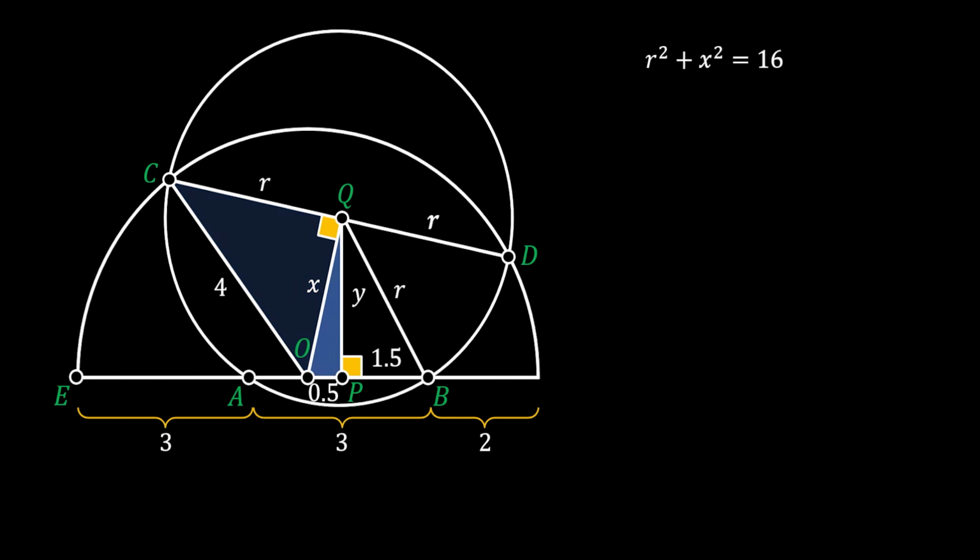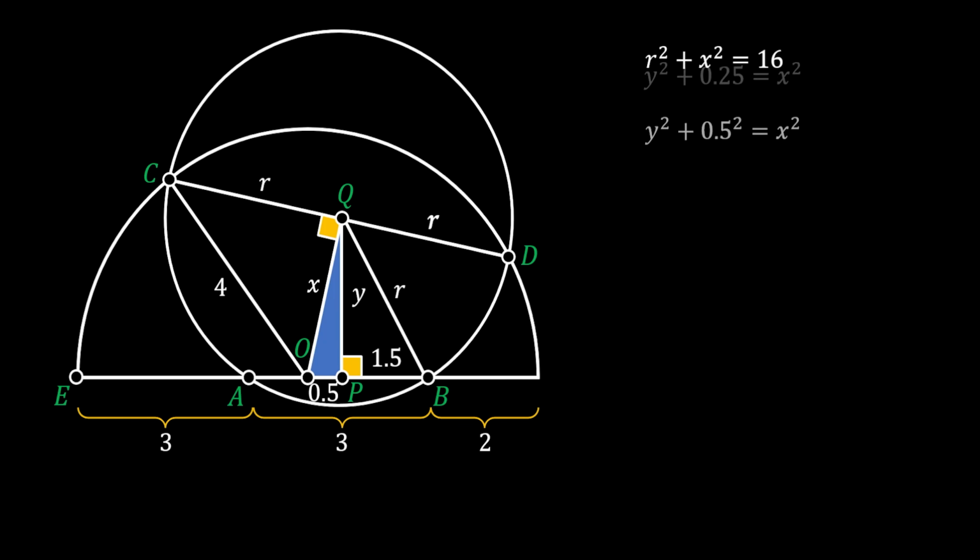Then let's notice another right angle triangle OPQ. And let's again use the Pythagorean theorem and say that the leg y squared plus the leg 0.5 squared is equal to the hypotenuse x squared. Now we know that 0.5 squared is equal to 0.25, so we can write this down.